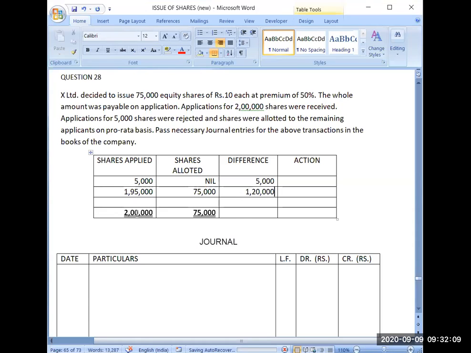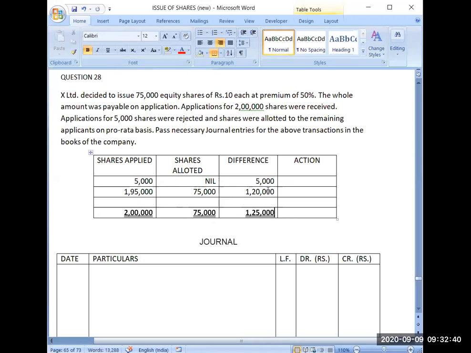And if I apply the same formula here, 2 lakh minus 75,000, it will also be 1,25,000. Now you can cross check your table. I have taken the differences in the same manner for all the three rows: 5,000 minus 0, 1,95,000 minus 75,000, 2 lakh minus 75,000.